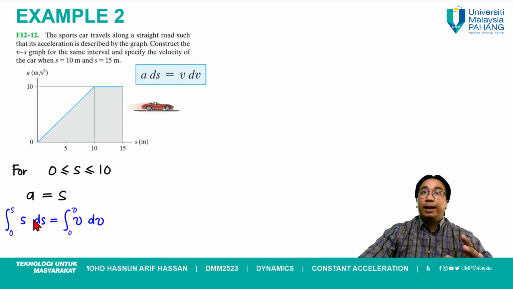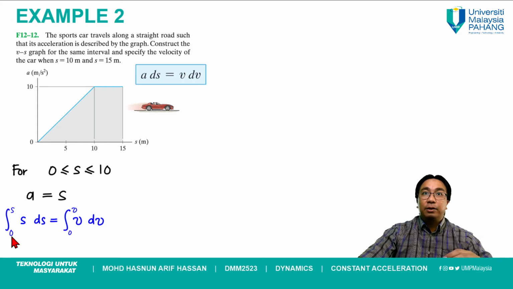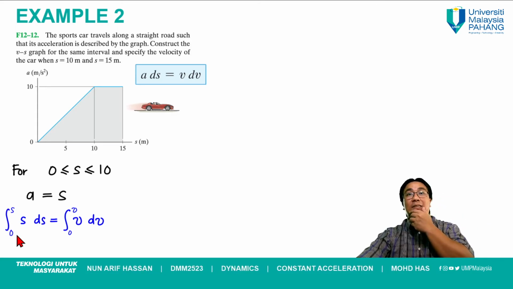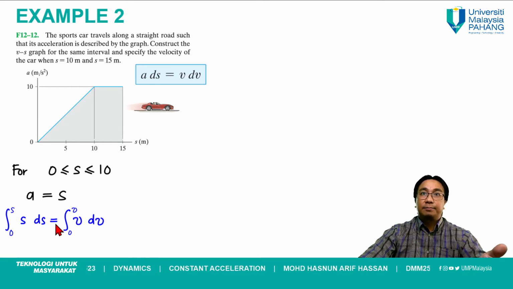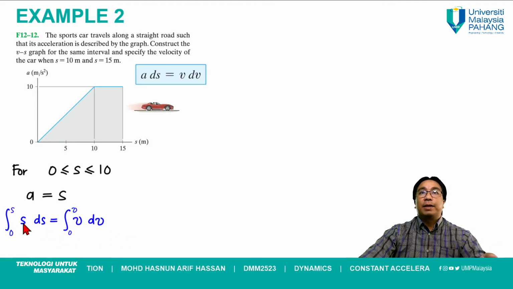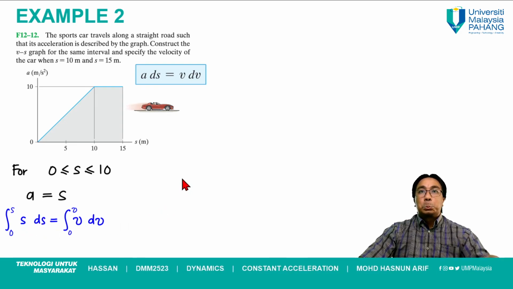It should be a ds, but why is it s here? Because we have established above that a is equal to s, so we directly replace it with s. So integrate, the lower limit for the first one is 0, displacement from 0 to s, s ds, equals the integral from 0 to v of v dv. What do we get here? Integrate s ds. Anyone?